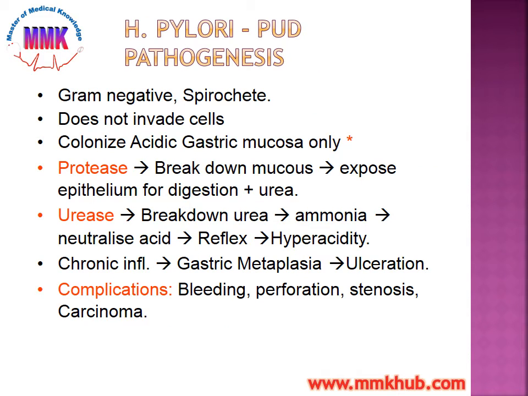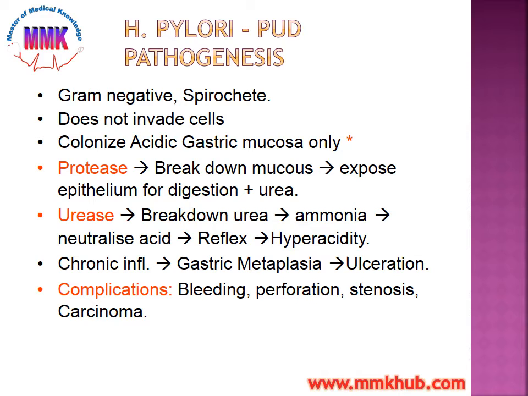What is the pathogenesis of H. pylori related peptic ulcer disease? H. pylori is a gram-negative spirochete. It does not invade the cells, but it colonizes the acidic gastric mucosa only. The effect of H. pylori is activation of proteases which break down the mucus and expose the epithelium to digestion.